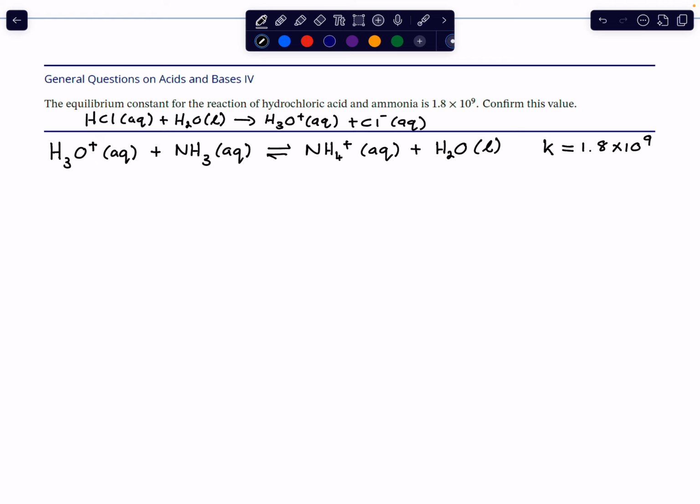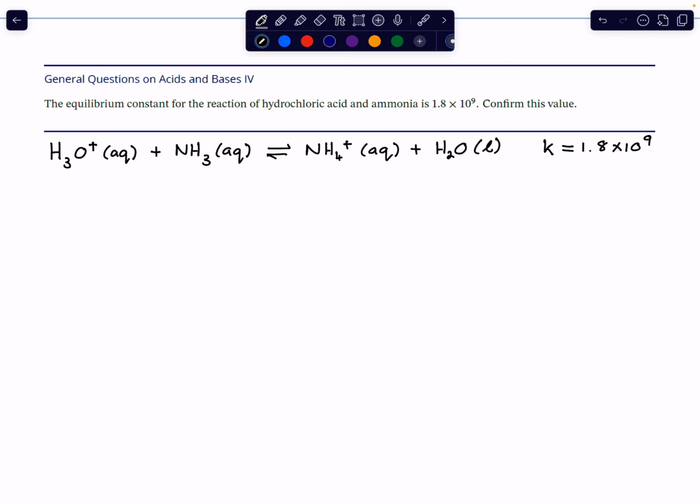And then the thing that actually protonates or reacts further is H3O plus. So that's why we have H3O plus being the acid here. So remember, a strong acid is actually always written as H3O plus. So HCl is never the reactant, it's always H3O plus, right? So it's H3O plus and NH3, giving us NH4 plus and H2O.